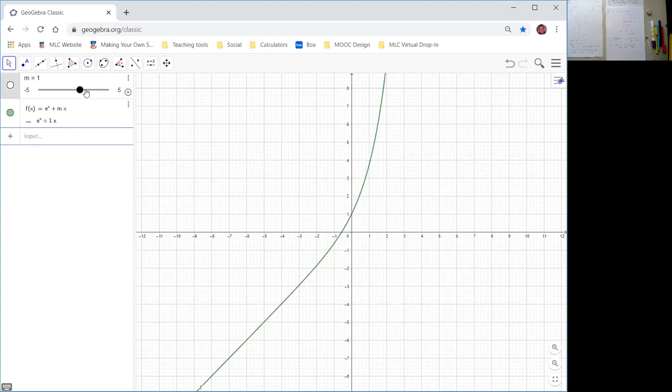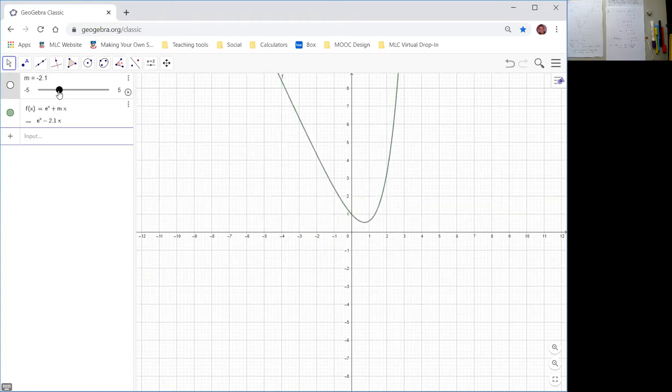So if I change m up here, it does get steeper and steeper, and then when m is 0, that's the graph I drew, and then when it's negative, there's a turning point.